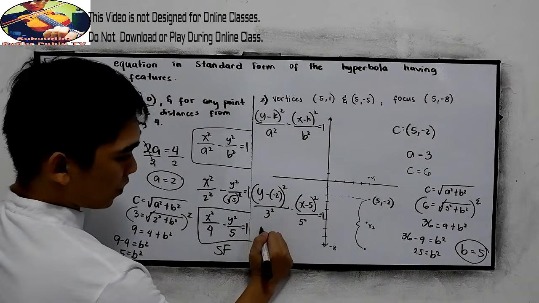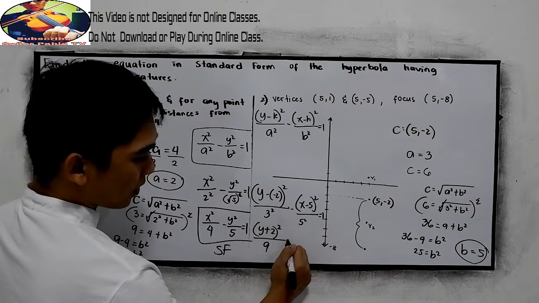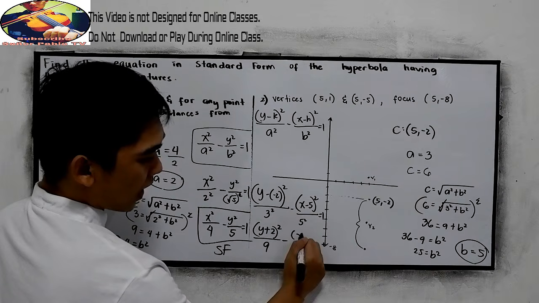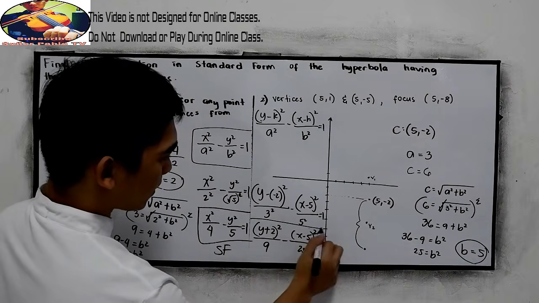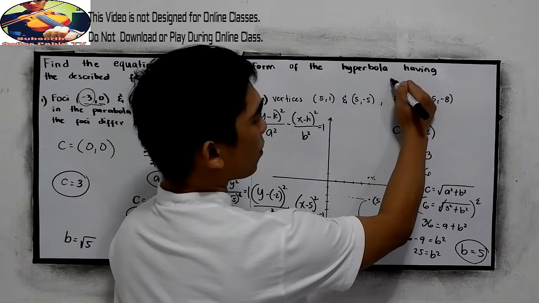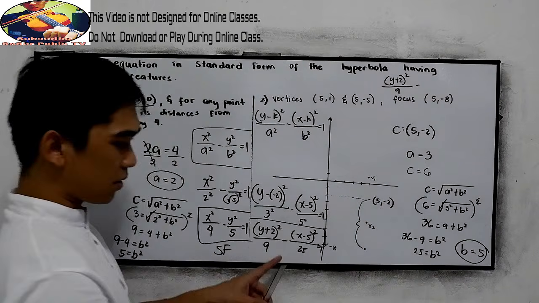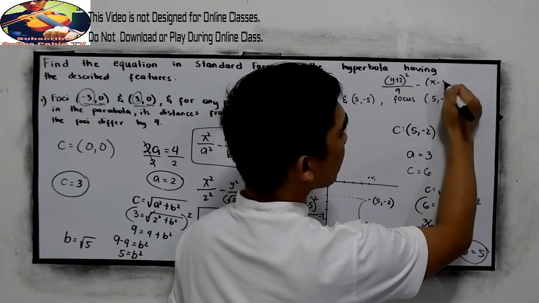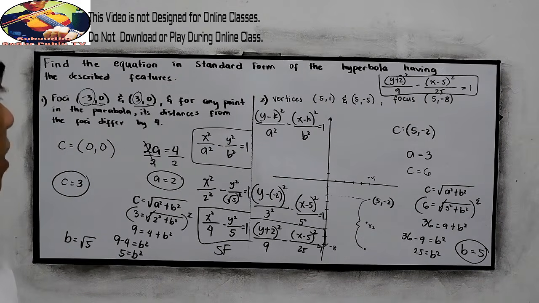So we have y plus 2 raised to 2 all over 9 minus x minus 5 raised to 2 all over 25 is equal to 1. This is now our standard form. Okay, that would be the standard form of our hyperbola.